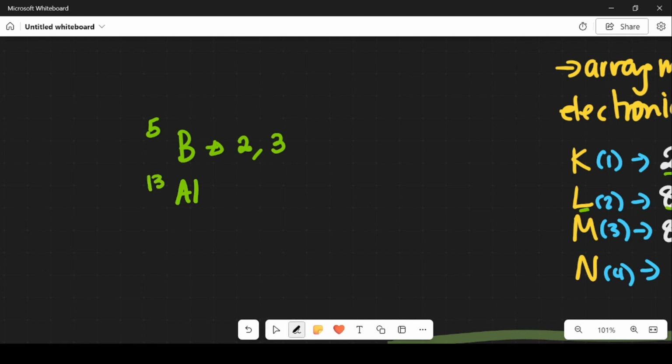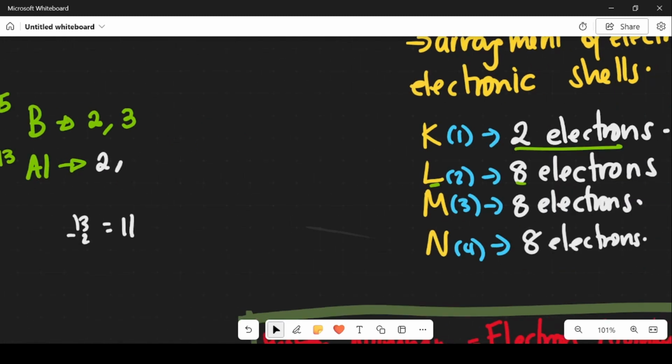So if I were to write this electronic configuration, that would be 2. And then 13 minus 2. Okay, this will come very easily to you once you do it often, all right? So 13 minus 2 is 11.